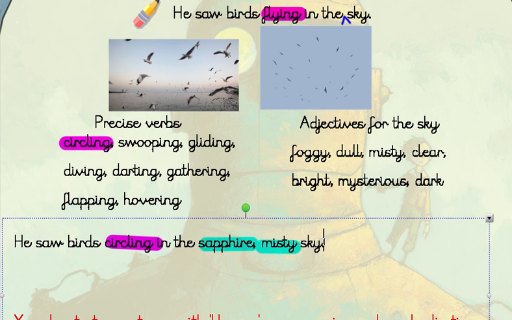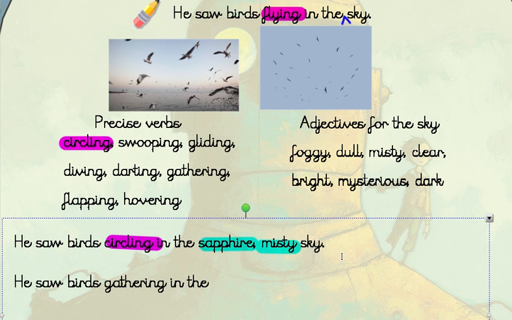Okay, let's have a go at writing another one using those precise verbs and adjectives. So he saw birds. What could we say? We could say gathering. Oh, I like that. Gathering in the.